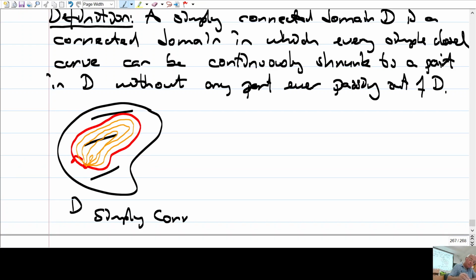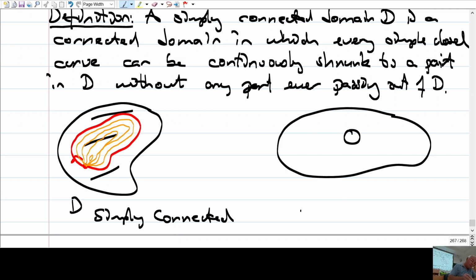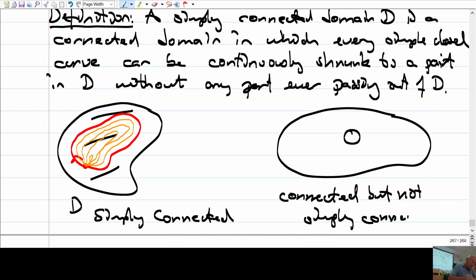But this one is connected but not simply connected. So here this is just this region. So it has a hole in it, okay? If it is like this, then this is connected but not simply connected. Why is that? Take this simple closed curve.